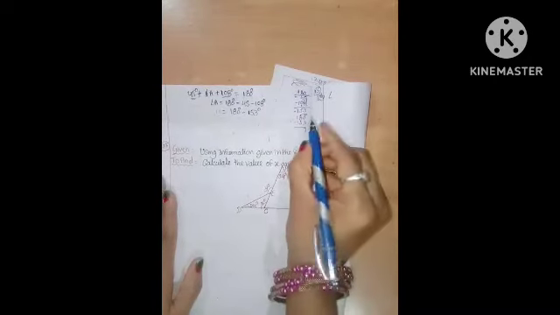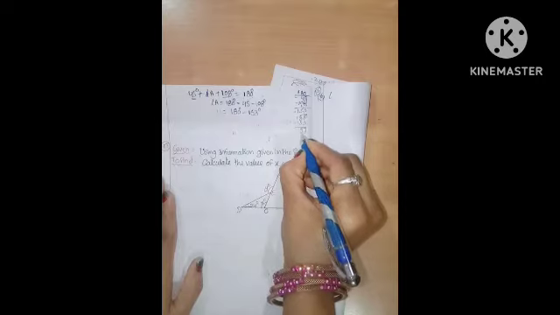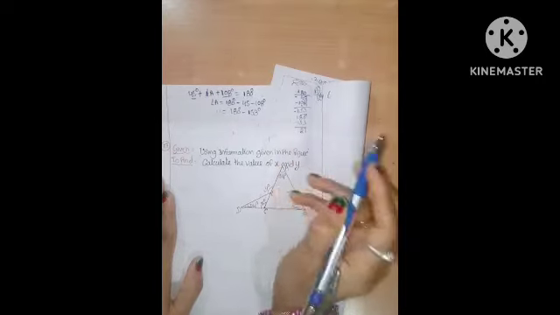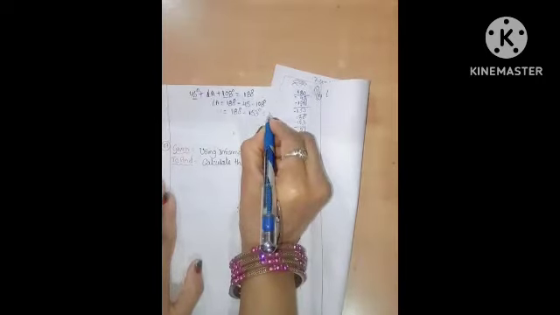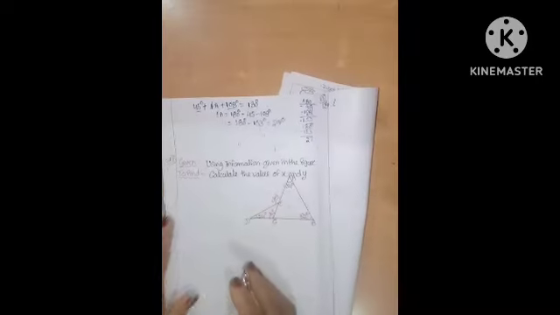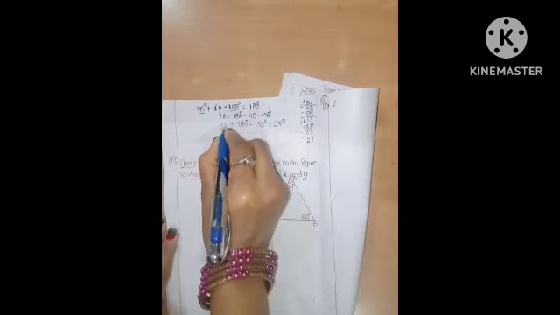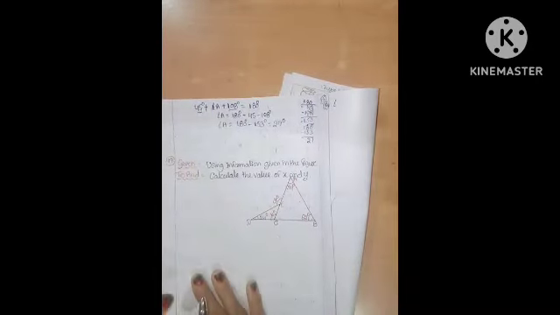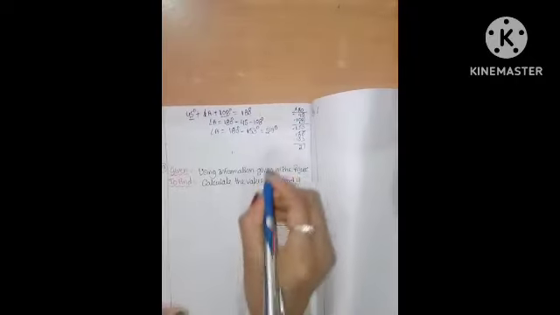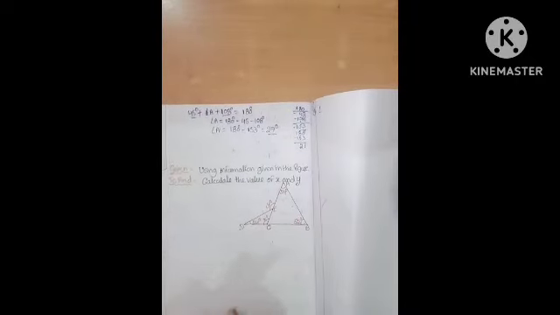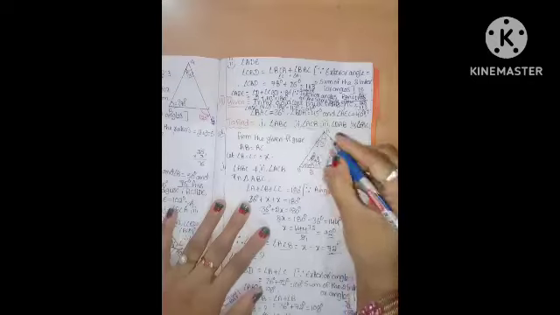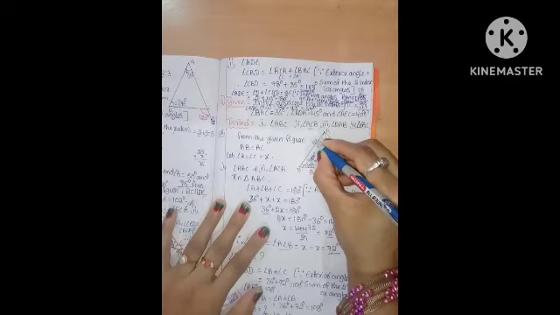One borrowed, and 7 is left. 7 minus 5 is 2. 1 minus 1 is 0. How much of an angle did we get? 27 degrees. That is angle A, 27 degrees.